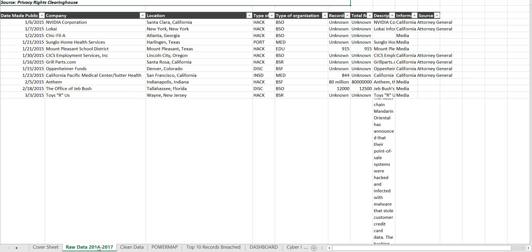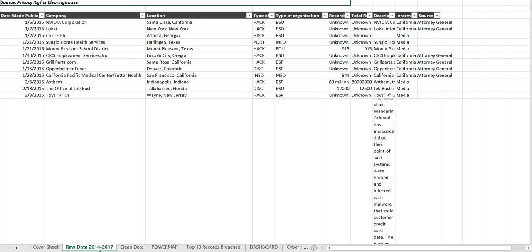So here is the data that I worked with, and it was downloaded from Privacy Rights Clearinghouse, a nonprofit organization with a mission to engage, educate, and empower consumers to protect their privacy. This is the data I started with, and it includes data breaches from 2014 through about mid-September of 2017, when I started working on this project.